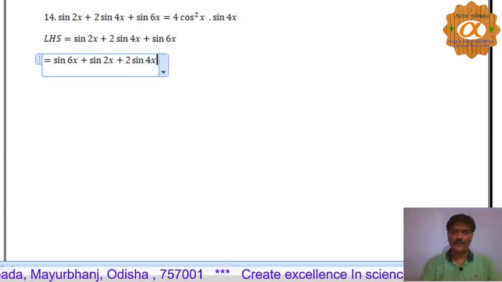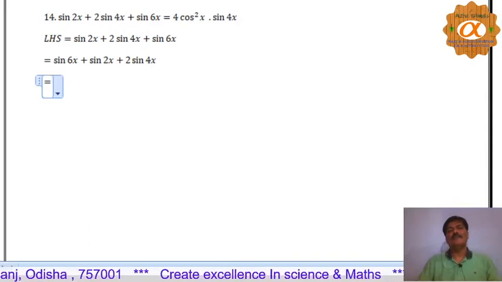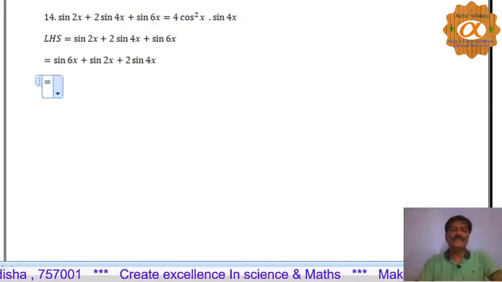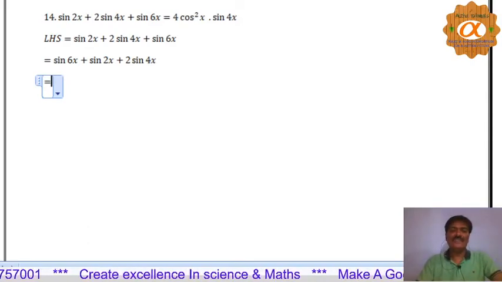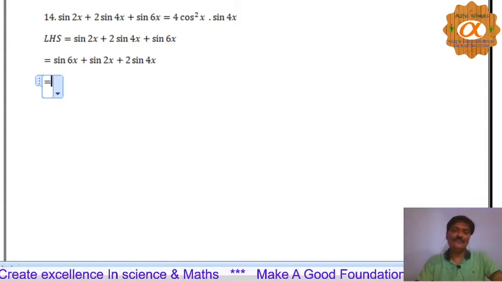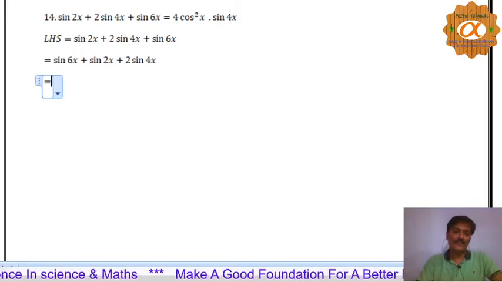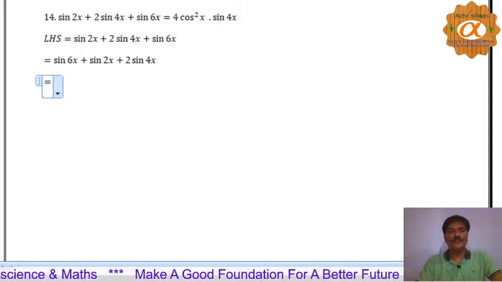Now I am applying the formula of sin A plus sin B on sin 6x plus sin 2x. Sin A plus sin B, we know, is equal to 2 sin (A plus B) by 2 multiplied by cos (A minus B) by 2.